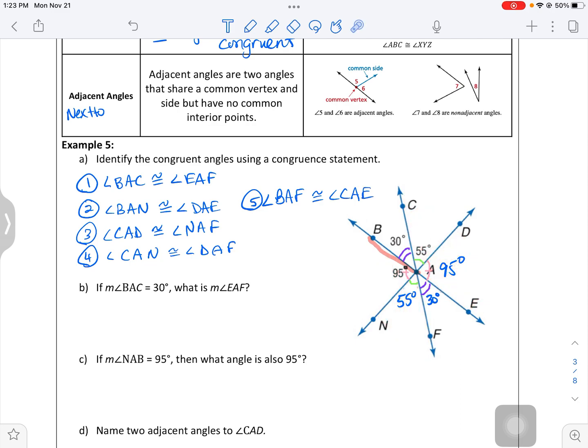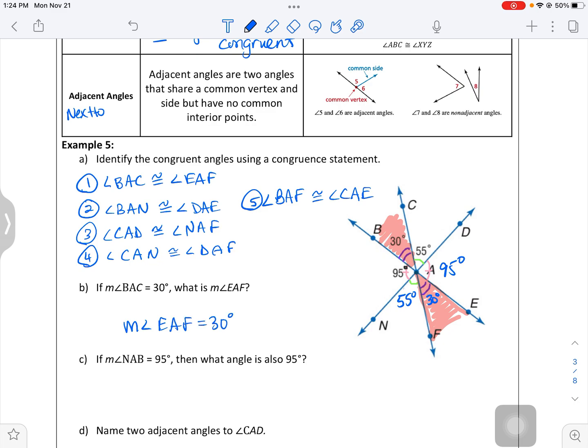All right, it says, if angle BAC is 30 degrees, what is angle EAF? So BAC, this angle in here, is 30 degrees. So what is EAF? EAF will also be 30 degrees because they are congruent to each other. Measure of angle EAF equals 30 degrees.